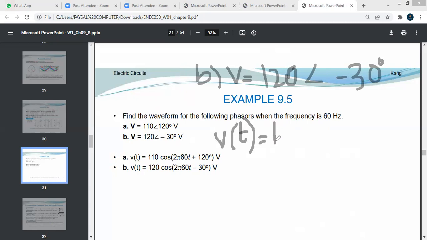The amplitude value is 120, so it will be 120 cos 2 pi 60t.